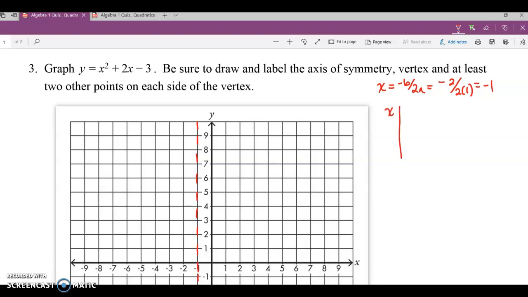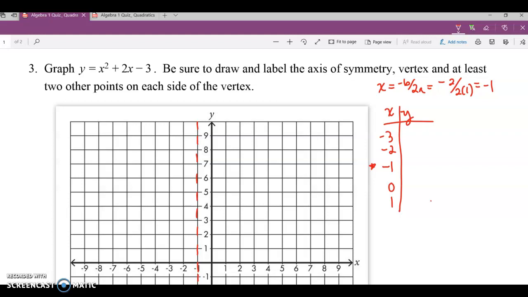Now I'm going to make an x, y chart. And negative 1 is my middle. I'll pick a couple points bigger, 0 and 1, a couple points smaller, negative 2 and negative 3. And I know this point is my middle. That's my axis of symmetry. That's going to be half of my vertex. So now it's time to plug in points, plug them into the equation.